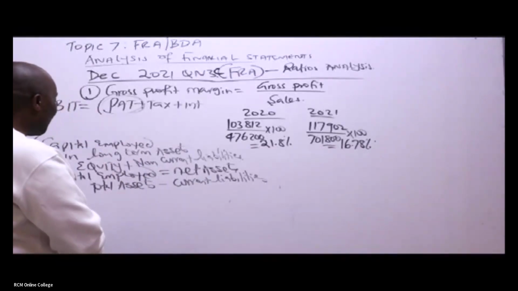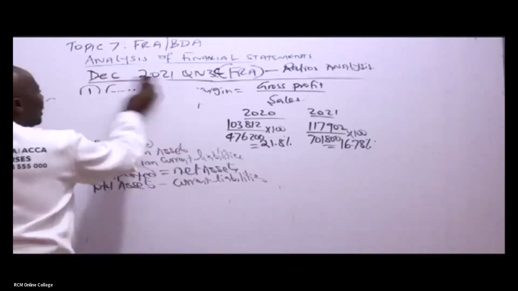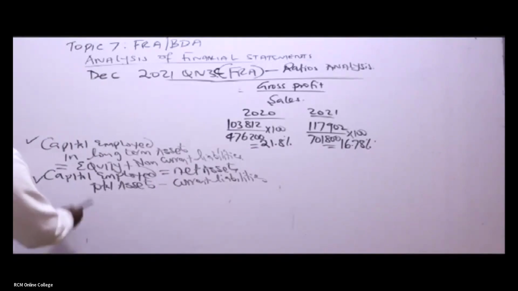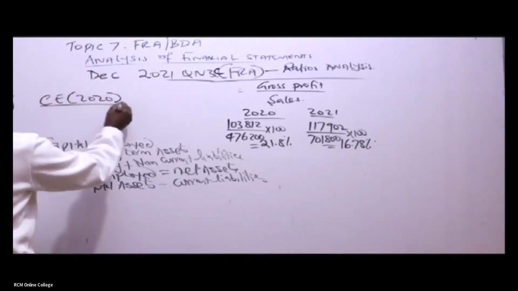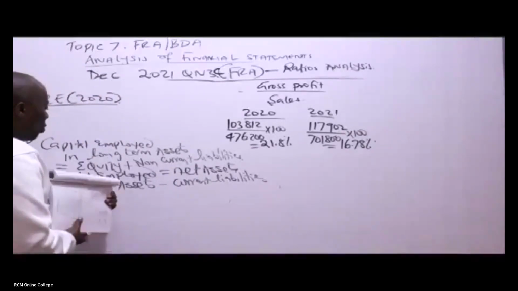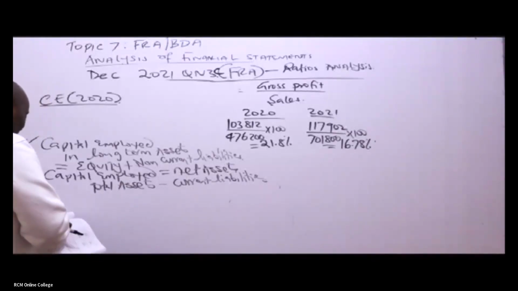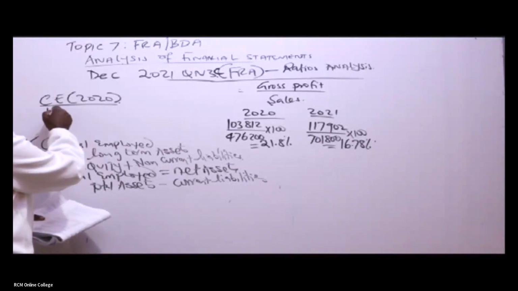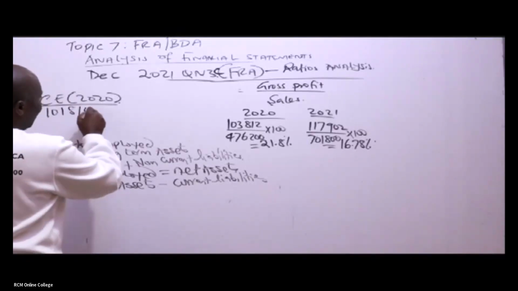And for the year 2020, I have to make work easier for you. Are you able to give me CE, capital employed, for the year 2020? For the year 2020, how do we get our total assets? It's very easy. First of all, non-current assets are 1,018,140.